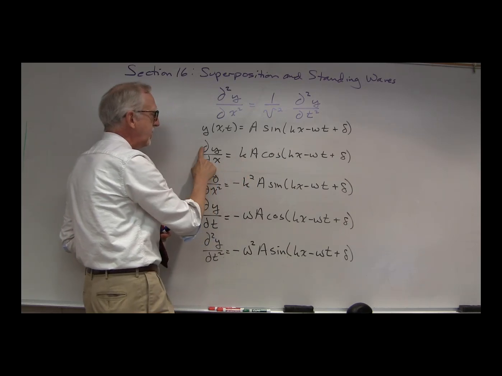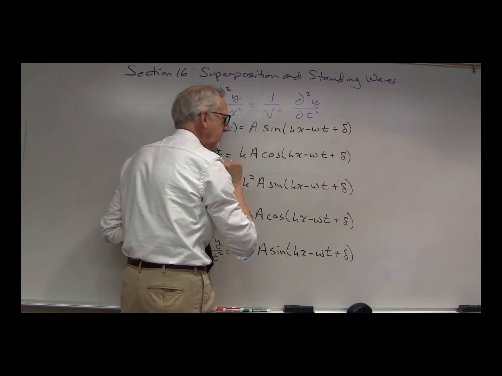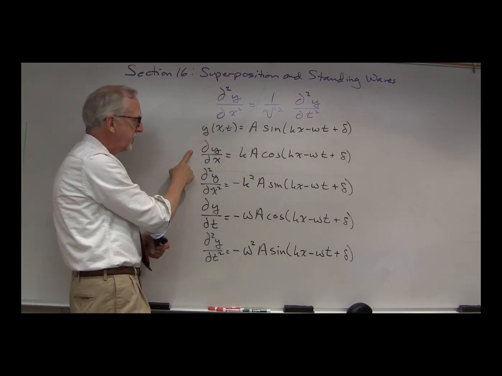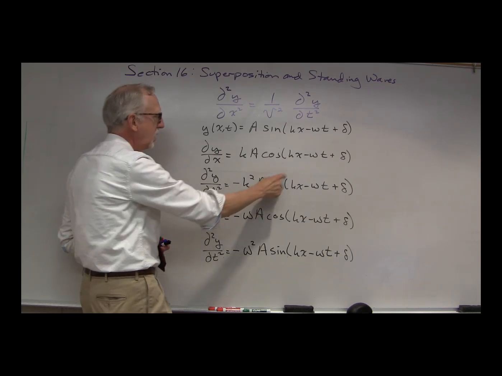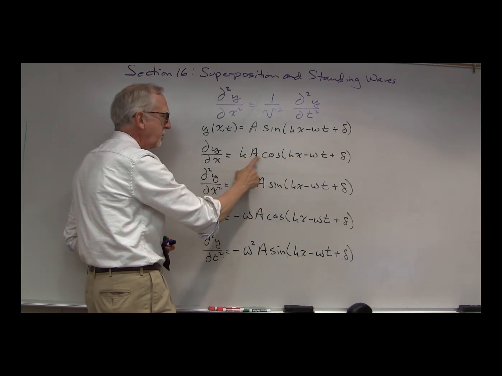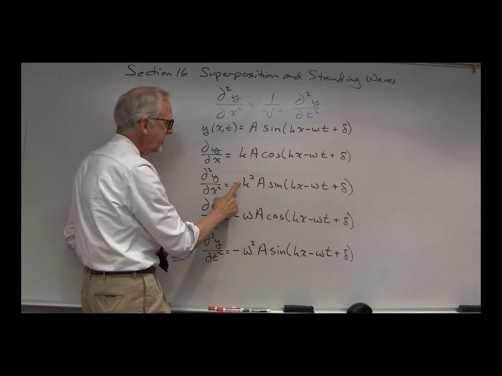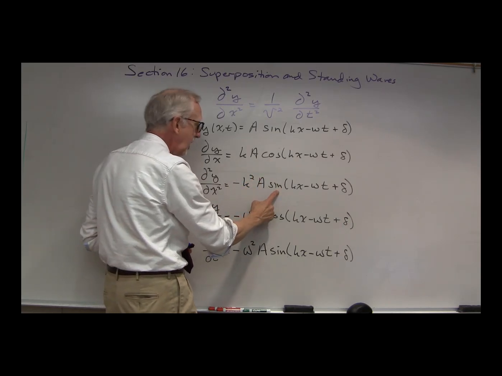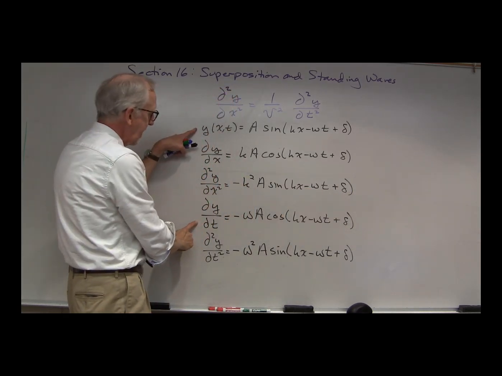So we have dy dx is k A cos of kx minus omega t plus delta. Then differentiating this once more by x, we have d squared y dx squared equals, brings out another factor of k, but the derivative of cosine is negative sine, so we have negative k squared A sine of kx minus omega t plus delta.